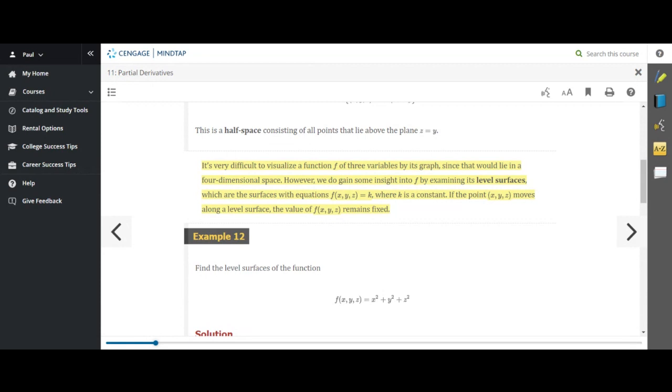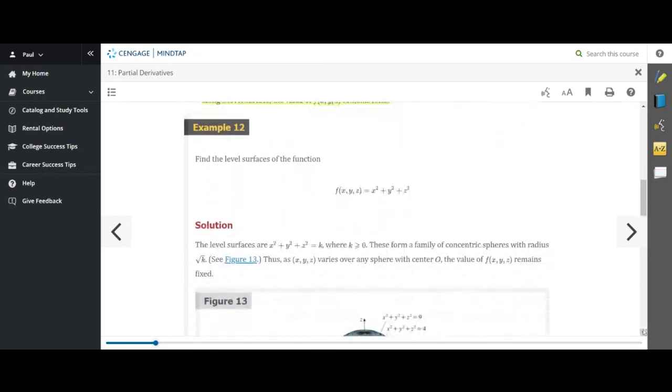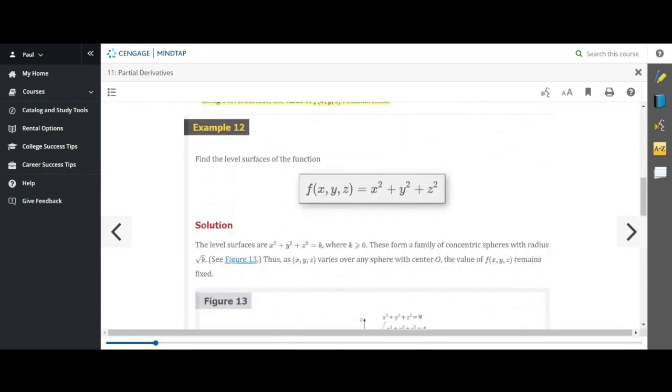So a very famous example here is example 12. In example 12, they want you to find the level surfaces of this function of x, y, and z. What you do is you set that function equal to different values, and they show this in figure 13.